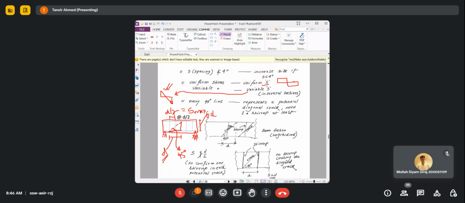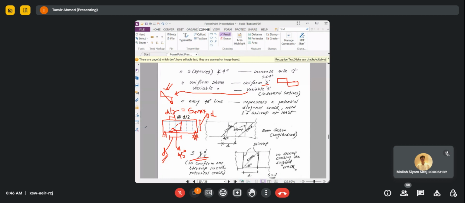This is one guideline, that your spacing shouldn't be greater than d by 2, and there are other guidelines for determining the maximum spacing. We'll be looking at them as well.